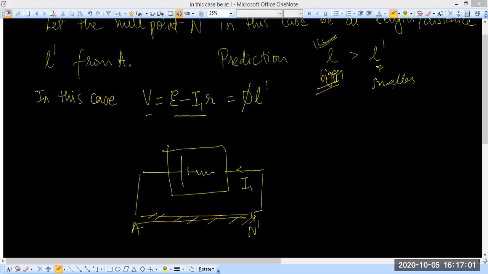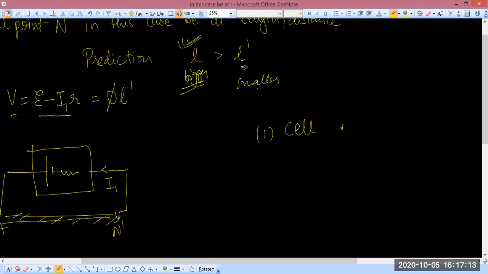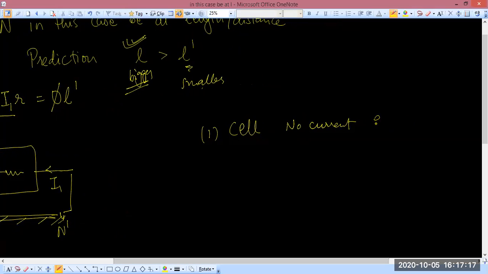So what's the whole method again? Step 1, just connect only the cell. Don't connect anything else. When we find the null point, no current is flowing, and that's why you are measuring EMF, and that EMF is equal to phi into L. Now second case, connect cell and resistance in parallel.